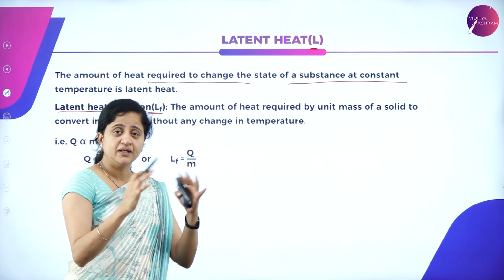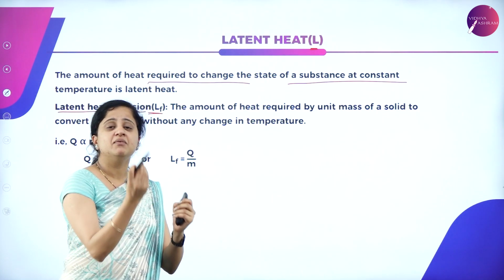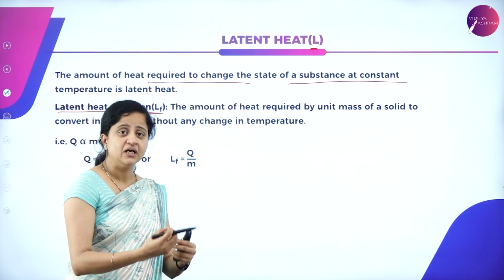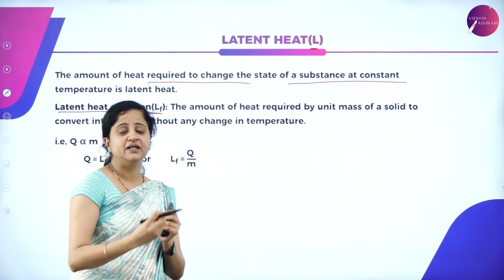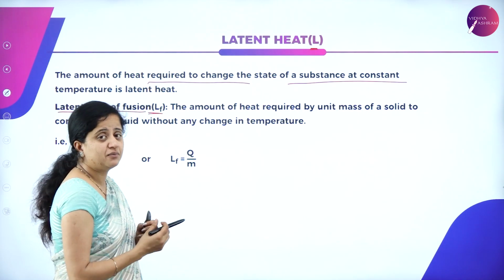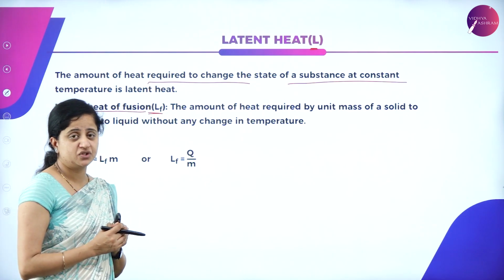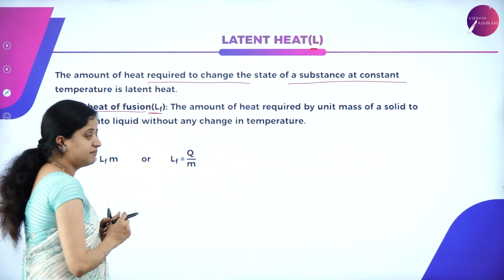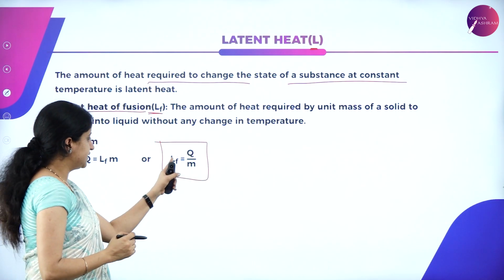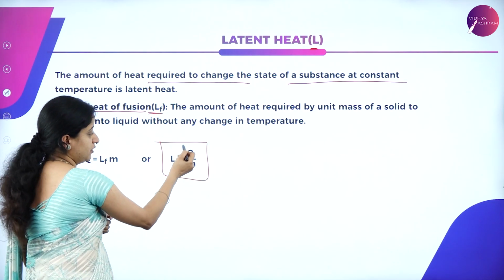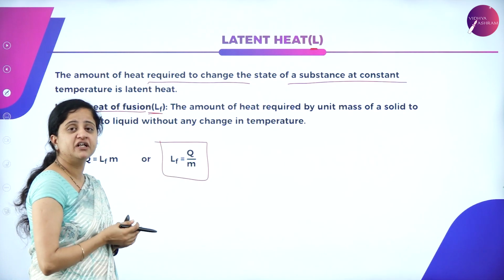So if no temperature is changed, or by keeping the temperature constant, what is the amount of heat that is required to change a unit mass of a solid into liquid. So that amount of heat is called as latent heat of fusion. So it is given by the formula Q divided by M, because latent heat of fusion is nothing but amount of heat required by unit mass of solid to convert into liquid.